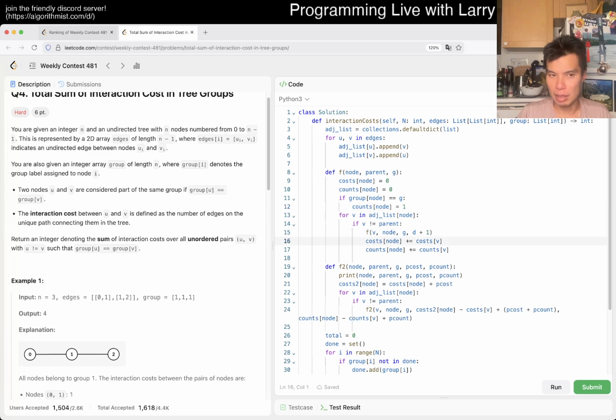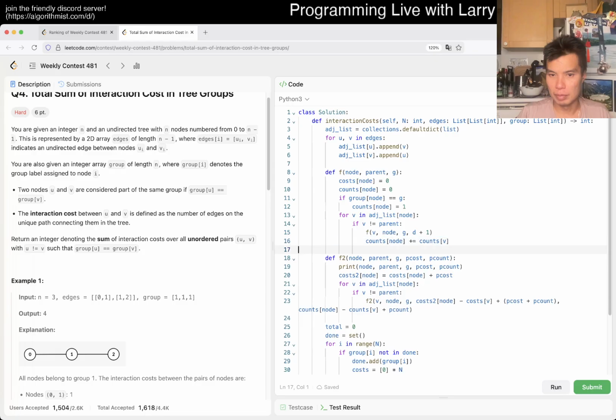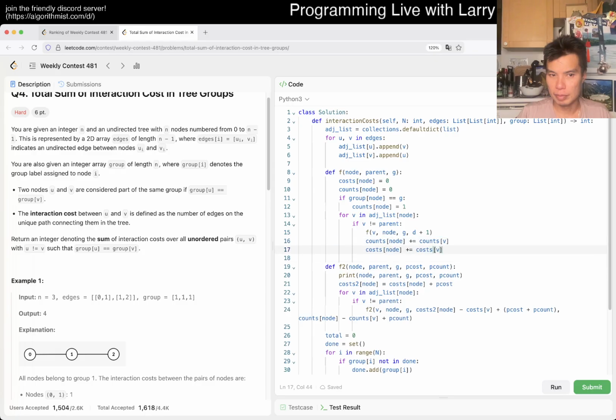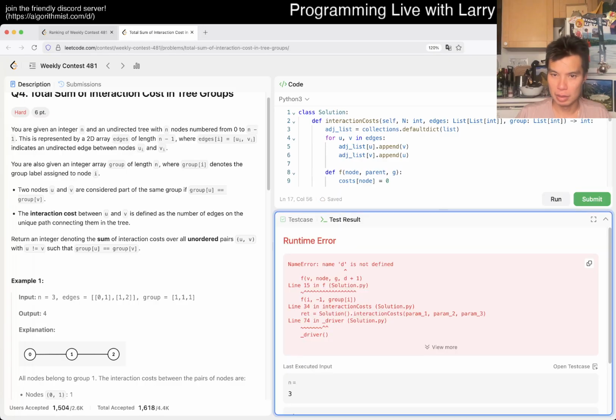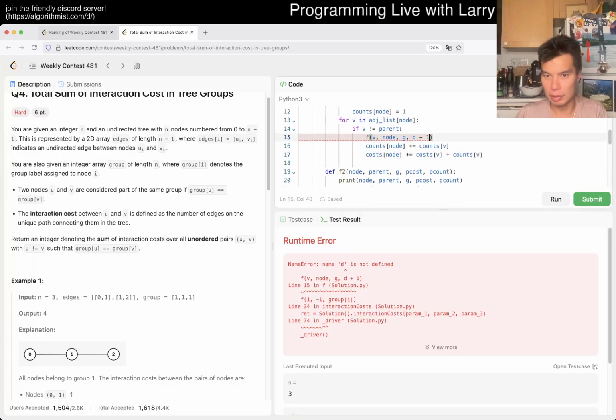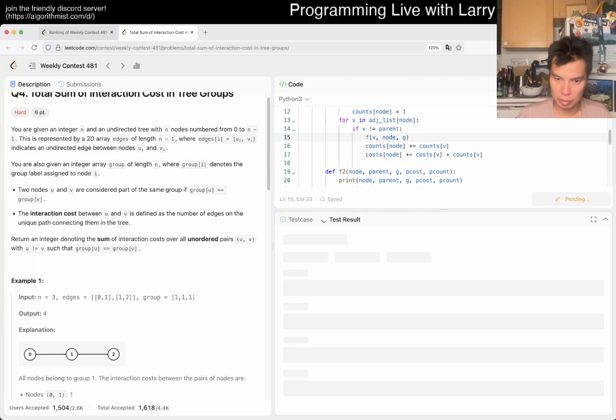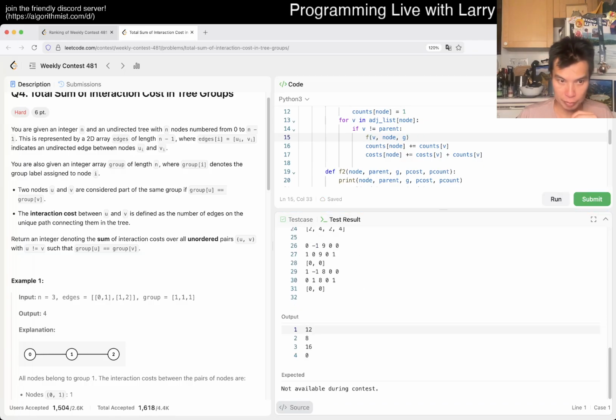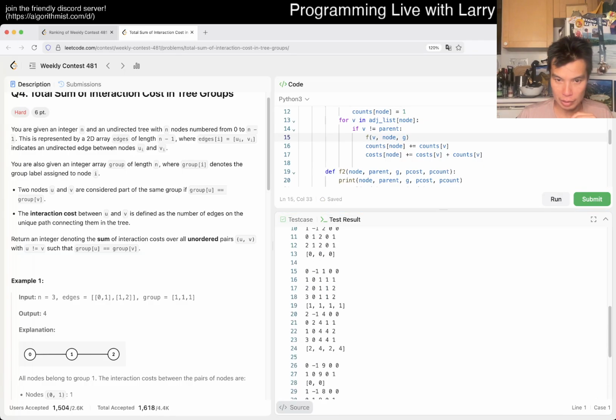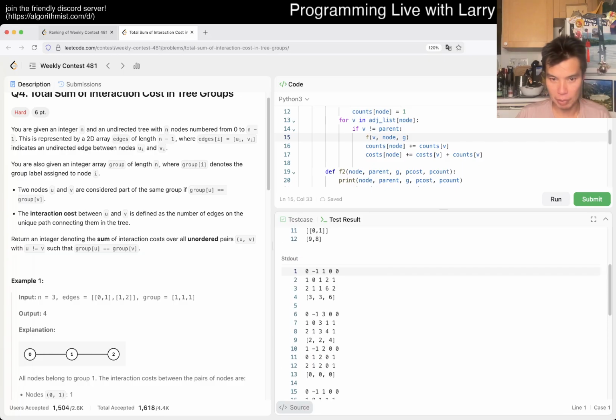Because then now plus counts of 3 because they're all 1 step further away. Okay, we don't need D anymore. Okay, now it's still going crazy, but that's even crazier, really.